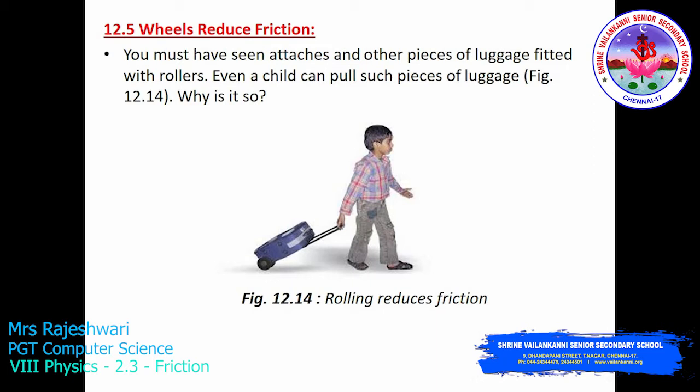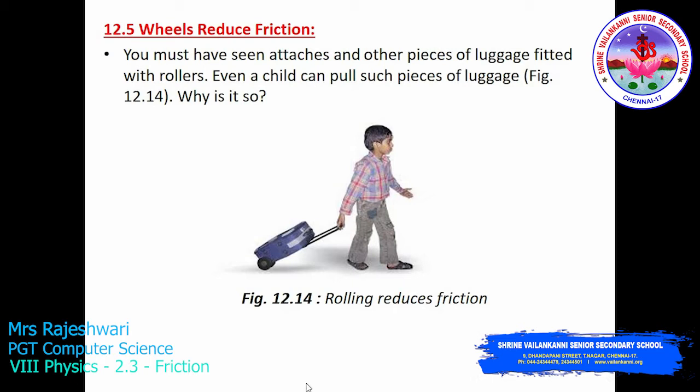When comparing to static and sliding friction, you will find rolling friction makes it very easy to pull the object. Even a child can pull it if wheels are fitted, even if the object is very heavy. That is why wheels are fitted to most objects to reduce friction.